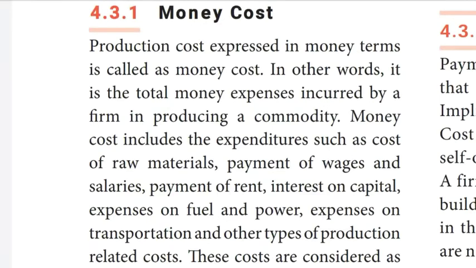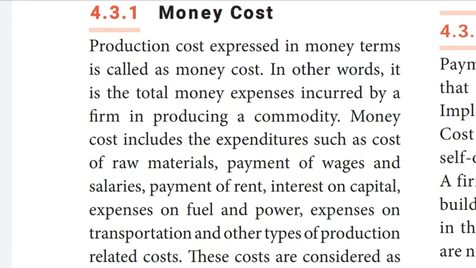Second, you are going to learn about cost concept. First, money cost. Production cost expressed in money terms is called money cost. In other words, it is the total money expenses incurred by a firm in producing a commodity. Money cost or nominal cost is the total money expenses incurred by a firm in producing a commodity.